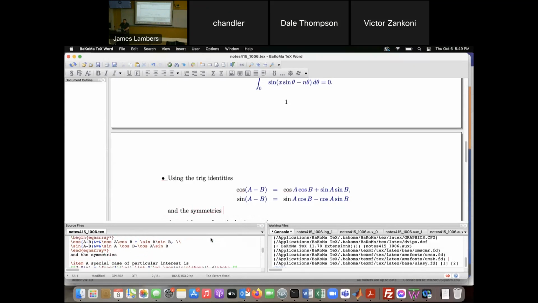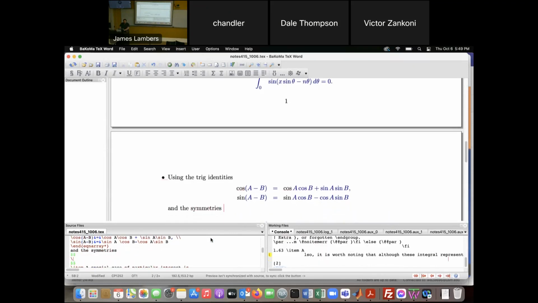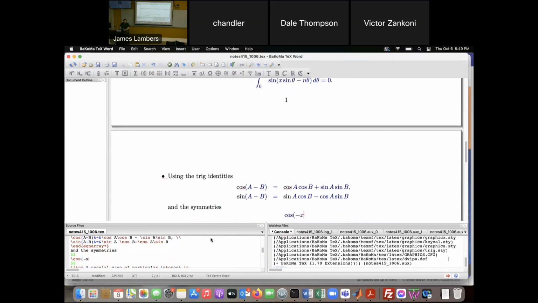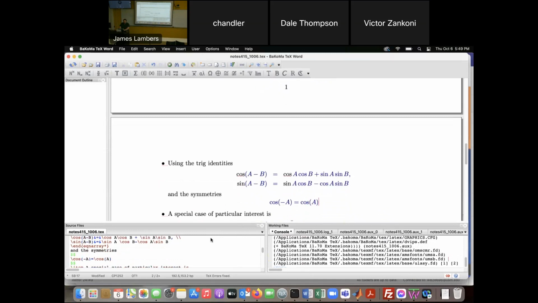And I also need these symmetries of cosine and sine, that cosine of minus a is the same as cosine of a, cosine is an even function, whereas sine is an odd function. Basically, a negative can be pulled out effectively.